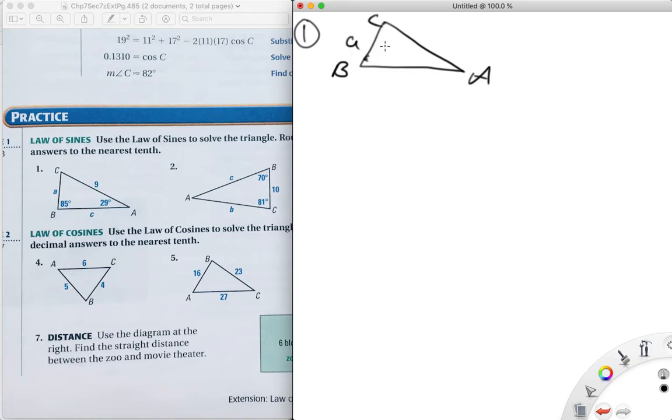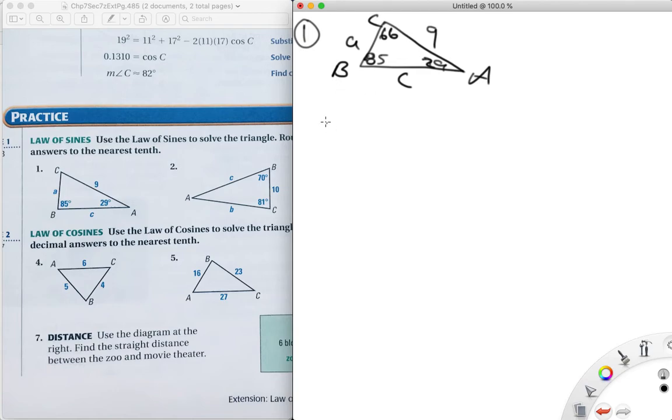We have A, we have 9, and we have C. We have 85, we have 29. Well, we could find the other angle by subtracting 180 minus 29 and 85. And I get 66. So that's good. Then I can use law of sines to find the other two.